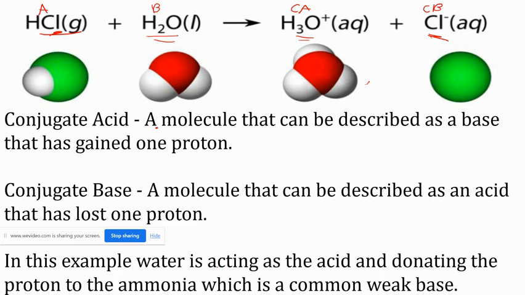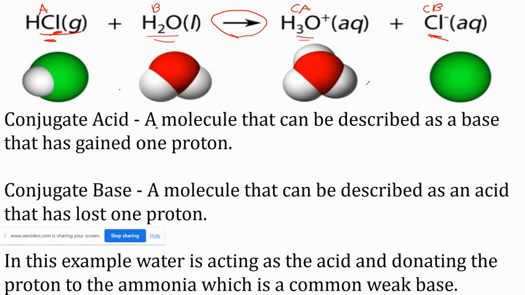So in this example, water is acting as the base and accepting a proton to form H3O plus. This also has a single arrow going this direction. That means that this is a strong acid because all of your material is going to get broken up into ions. Remember, we have strong acids and weak acids. Strong acids and weak acids are different than concentrated acids and dilute acids.